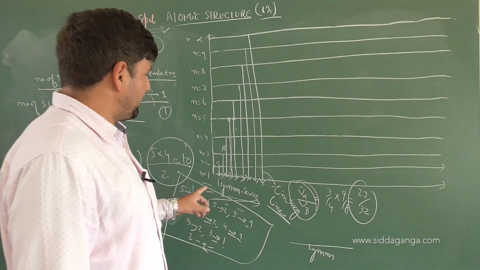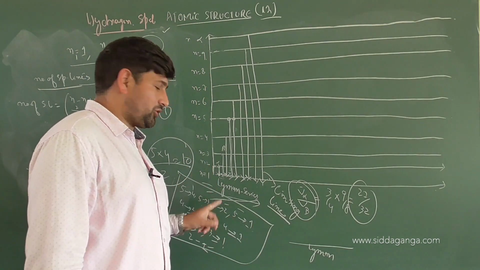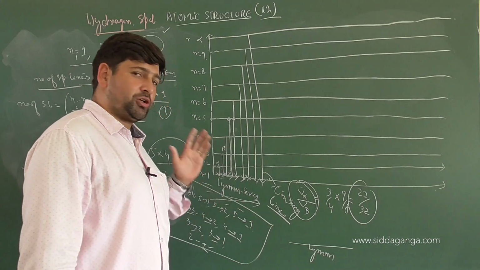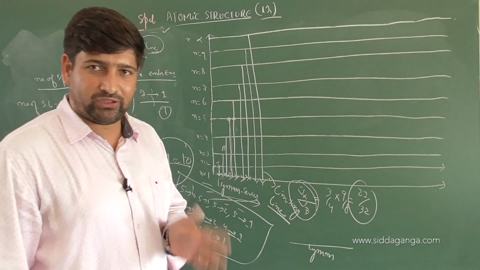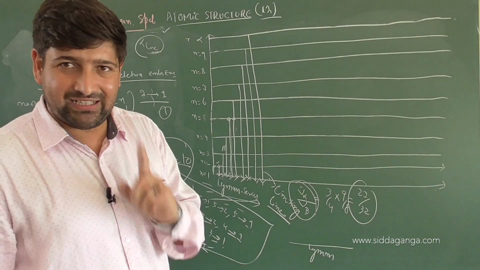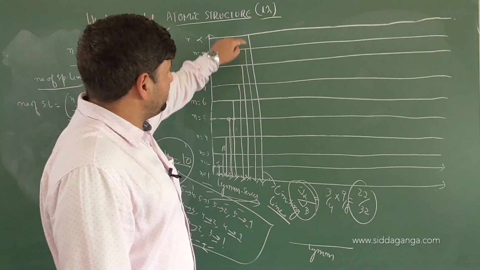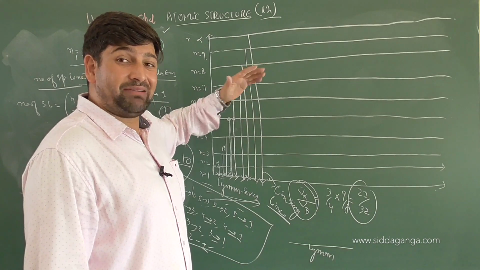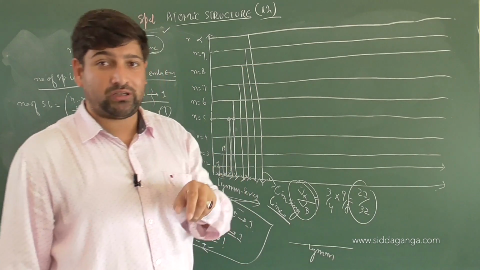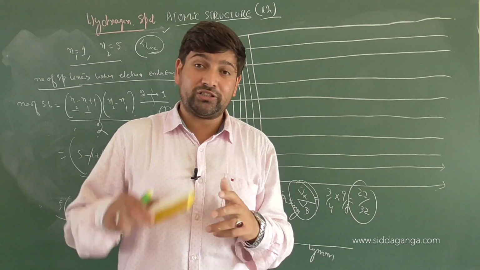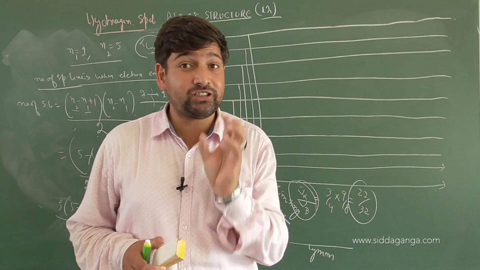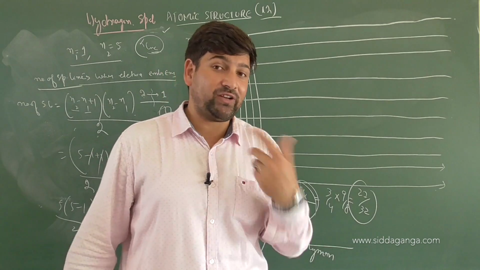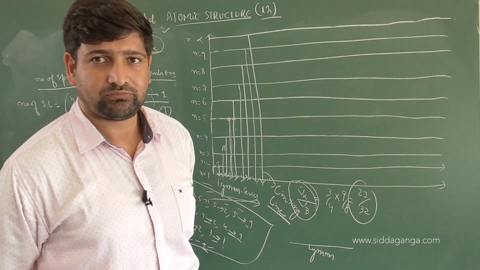So whenever you are calculating the wavelength or wave number of different lines of the Lyman series, you need to understand what is n1 and what is n2. You need to comprehend clearly that as the emission is happening from higher energy levels in the Lyman series, the amount of energy released by the photon is higher.